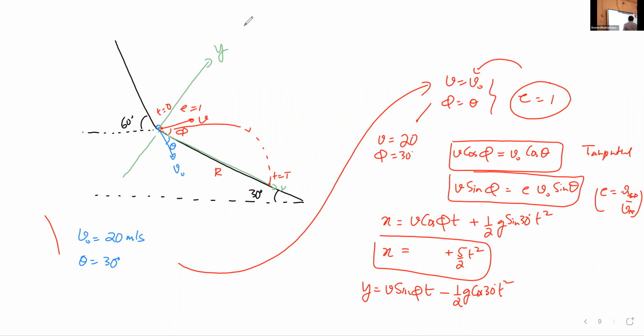So what is this term now? 20 cos 30, so that's 10 root 3. And this term is going to be 10t, minus 5 root 3 by 2.